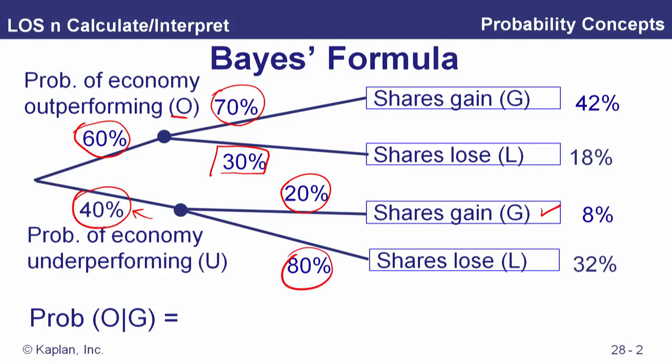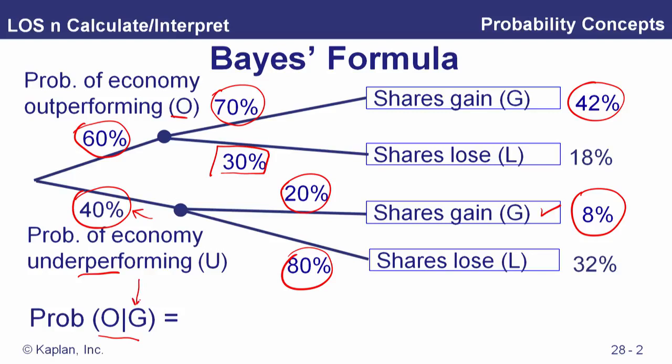So if we look at these joint probabilities, okay, so this is the probability of outperformance and share gains. This is the probability of underperformance and share gains. So we want the probability of outperformance given that there are share gains.